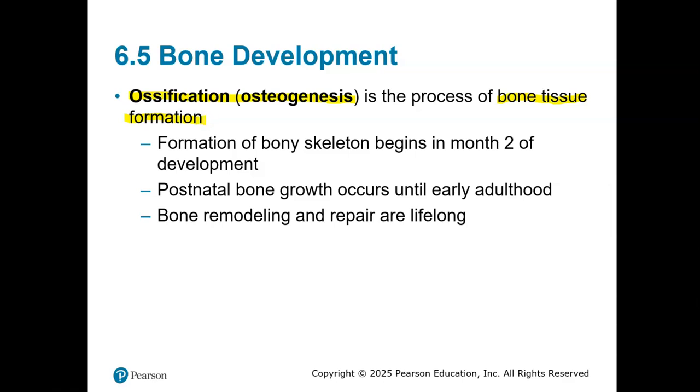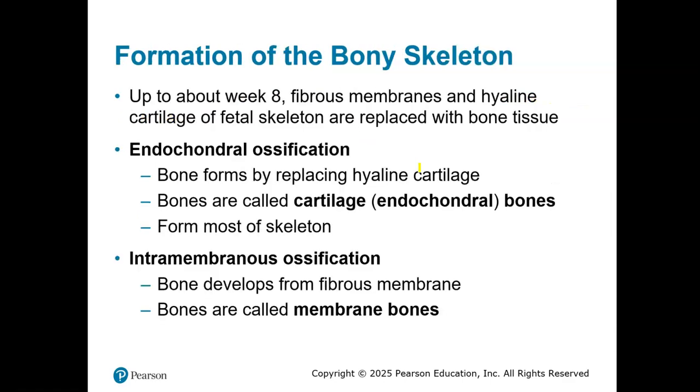And then it gives you a little bit of the formation of the skeleton begins during month 2 of the development of the embryo and the fetus, and then postnatal bone growth occurs until early adulthood. And also our bones are constantly remodeling and repairing throughout our life.